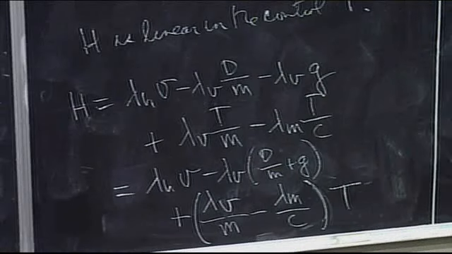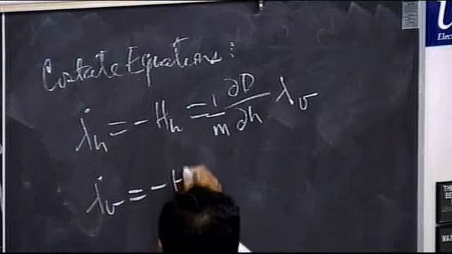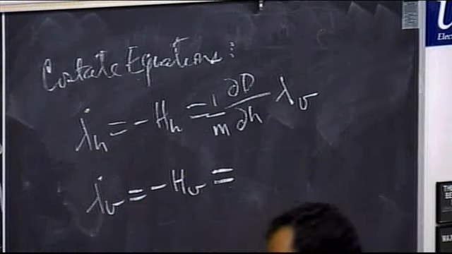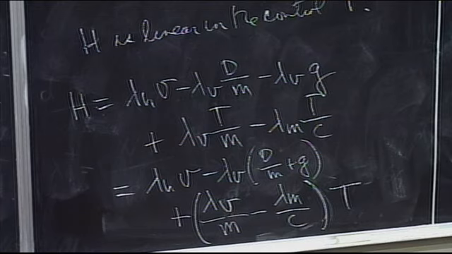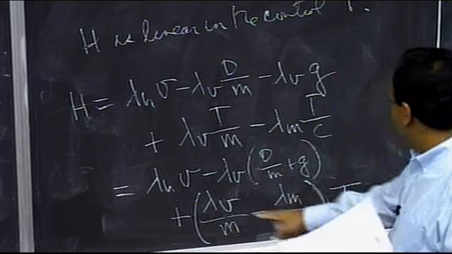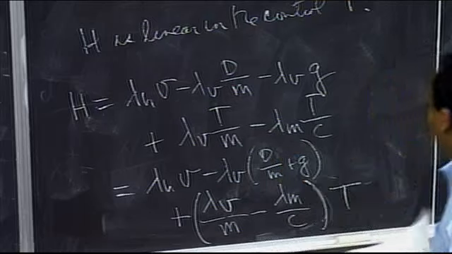What happens if I take lambda sub v dot? It's minus H with respect to v. Take the derivative with respect to v. What do I get? You get minus lambda sub h. That's the first term, right? And then everything else in here that's a function of v is only that thing right there.